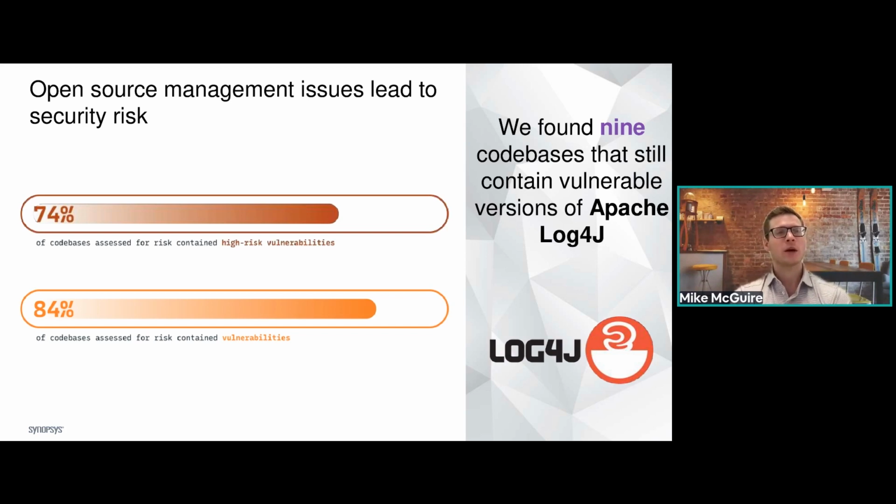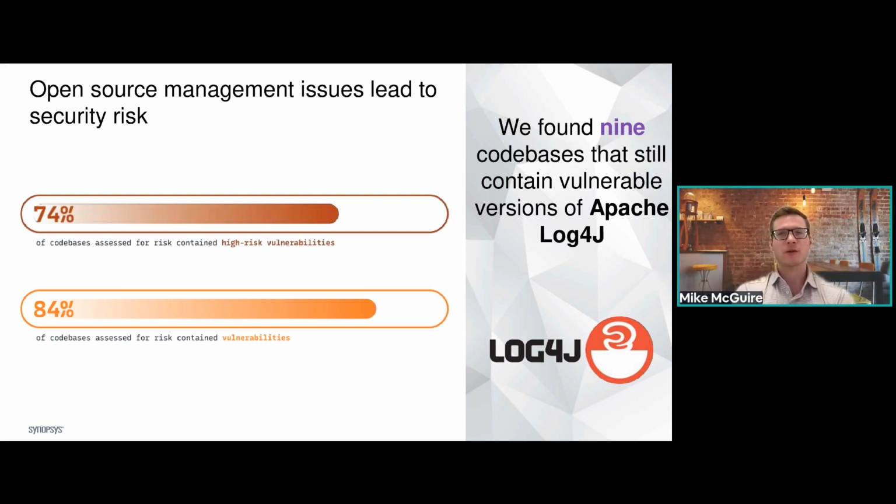84% of the code bases that we analyzed had some sort of vulnerability. Now, that's not a huge concern to me because vulnerabilities are just part of the business. You build software, there's going to be bugs, and a lot of bugs turn into security vulnerabilities. Not all vulnerabilities are created equally, right? Not every one is going to pose the same amount of risk as another one. Some might not even have proven exploits.